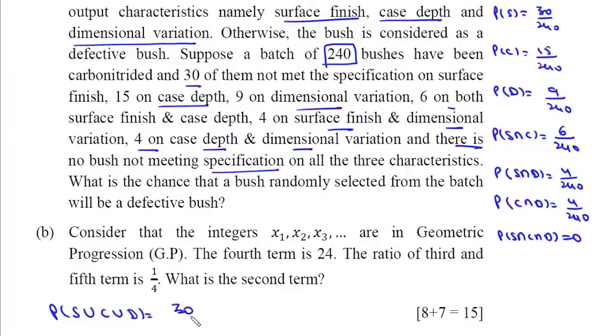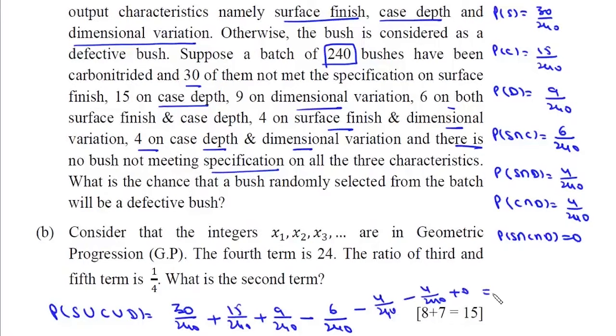So it will be 30 by 240 plus 15 by 240 plus 9 by 240, and then minus S intersection C, 6 by 240, minus 4 by 240 and minus 4 by 240, plus 0, which comes to 40 by 240, and which is 1 by 6. So the chance that a bush randomly selected from the batch will be a defective bush will be 1 by 6.